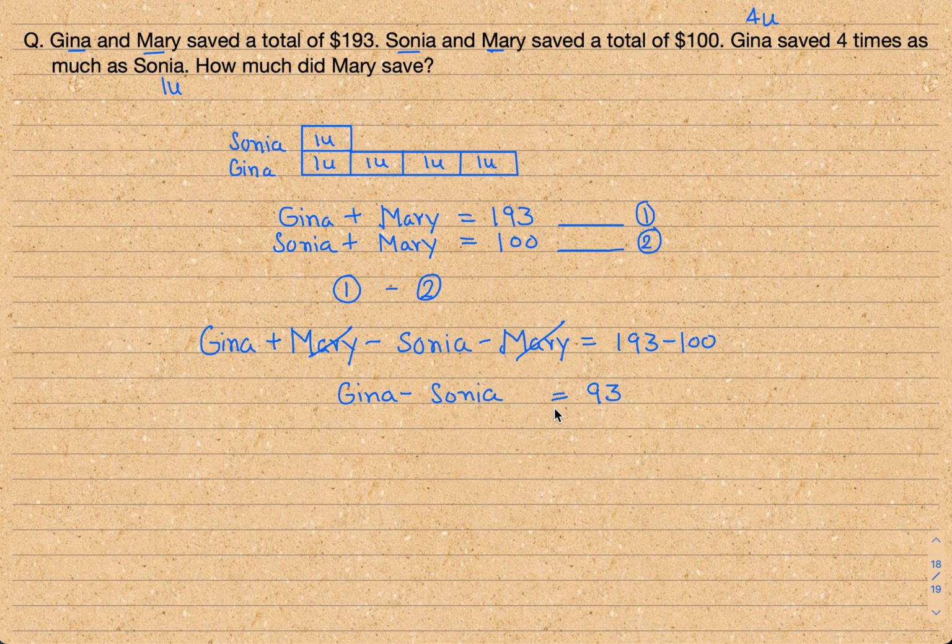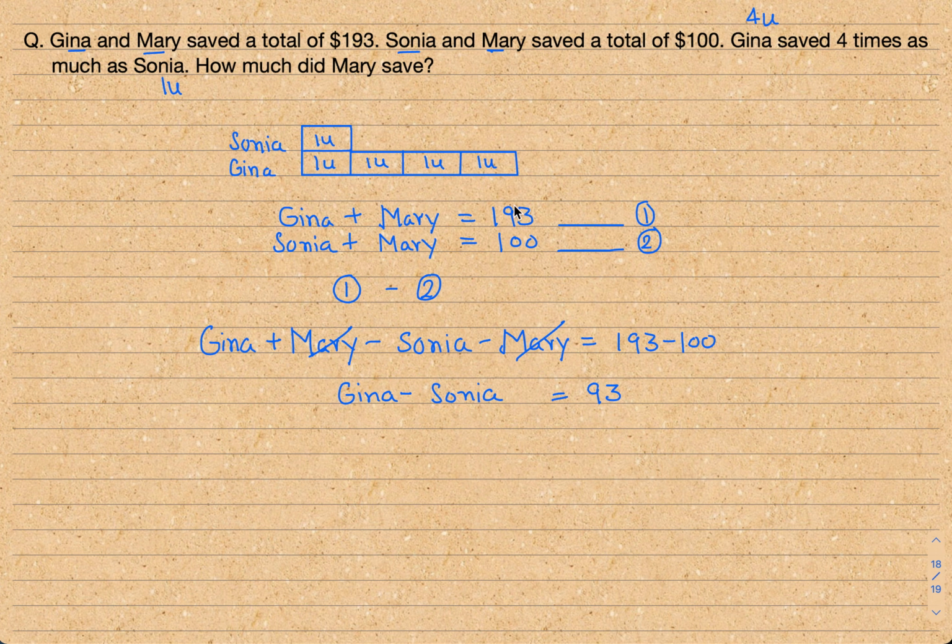So what does this tell me? What's the significance of this equation? It's basically saying that if you subtract Sonia's money from Gina's money, we will get 93. That is the difference between the amount of money that Gina and Sonia are having.